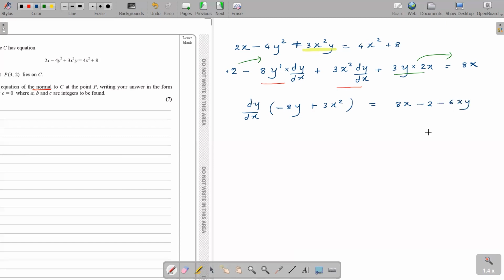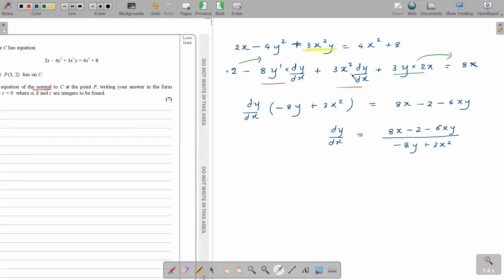Are you with me? So now it's the final step. You make dy by dx the subject. So 8x minus 2 minus 6xy divided by minus 8y plus 3x square. Another person could get the answer as minus 8x plus 2 plus 6xy over plus 8y minus 3x square. You would get that answer if you took the dy by dx terms to this side and the 8x to the other side.